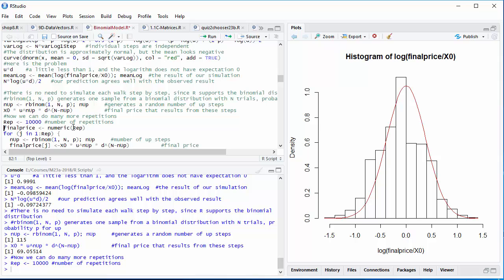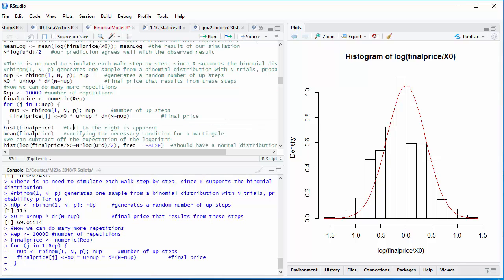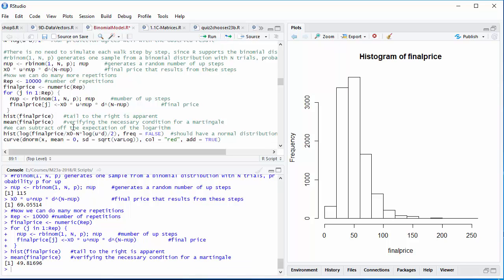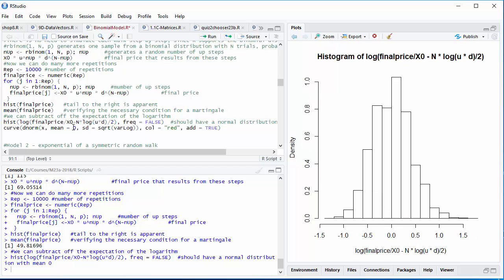Set up a vector to hold 10,000 final prices. Do exactly the same calculation more quickly using the binomial distribution. And again, you see that tail to the right. You see we still have a martingale, and that we understand why the logarithm, though normally distributed, has a slightly negative expectation.